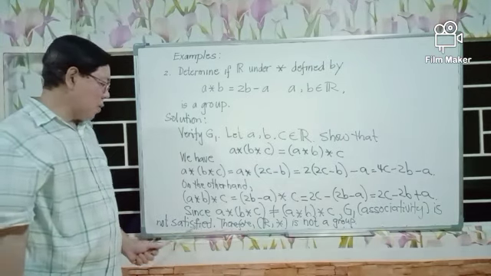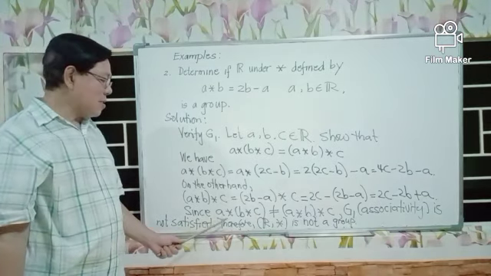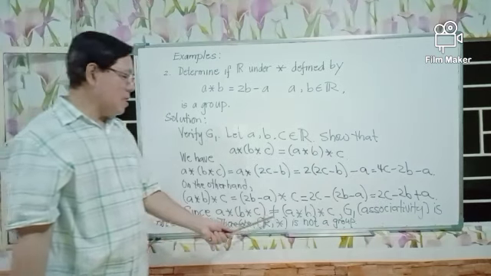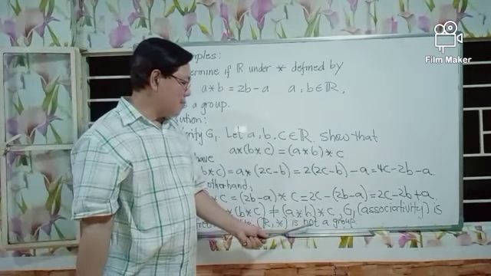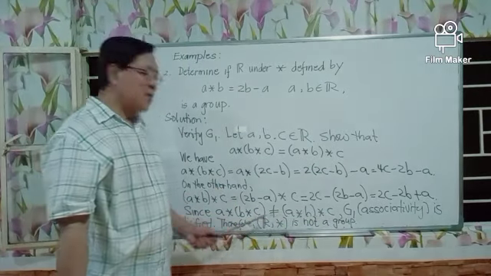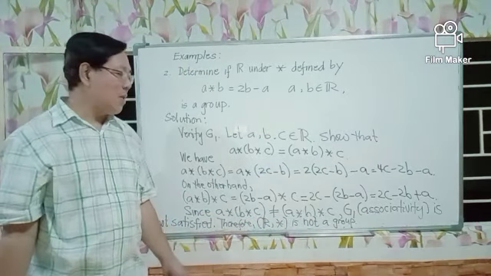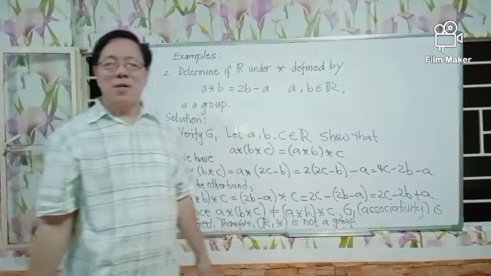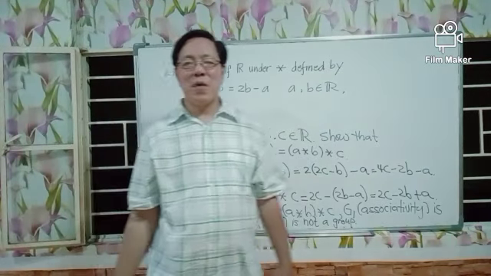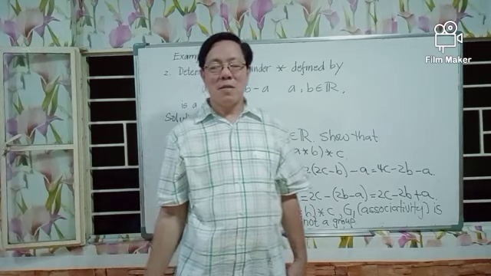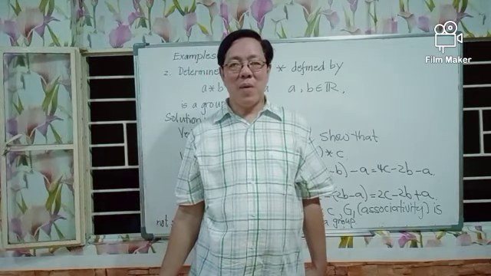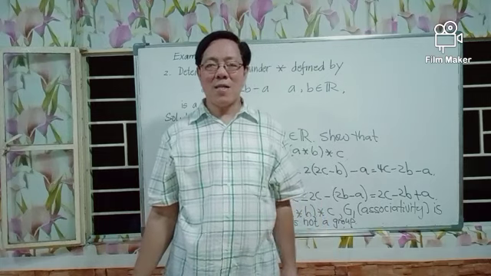Because as we have shown, A star (B star C) is not equal to (A star B) star C. They have different values as we have shown. Therefore, the first property of a group is not satisfied, and we conclude that R under the binary operation star is not a group.